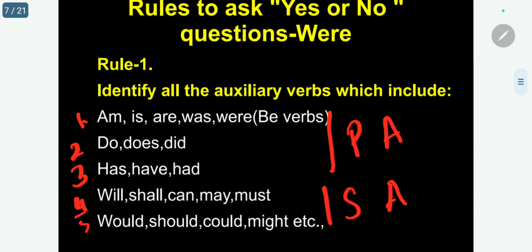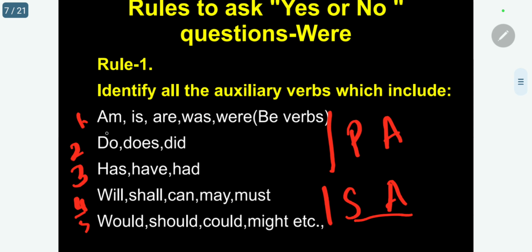You must understand that a primary auxiliary verb will come as a main verb as well as a helping verb, whereas secondary auxiliary verbs will not come directly as a main verb. They will always come as auxiliary verbs. This is the most important. You must understand, the secondary auxiliary verb will not act as a main verb. That is most important. You must know that. Okay, let me come forward.